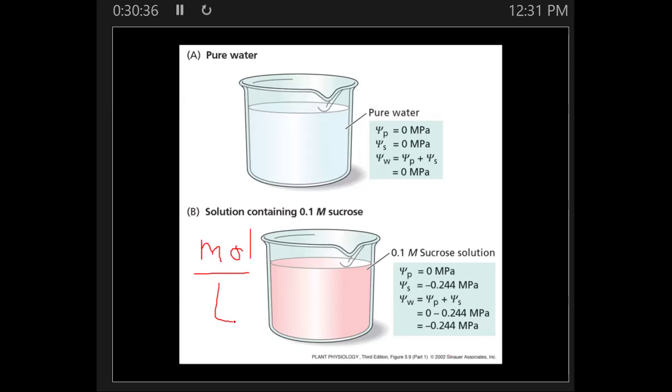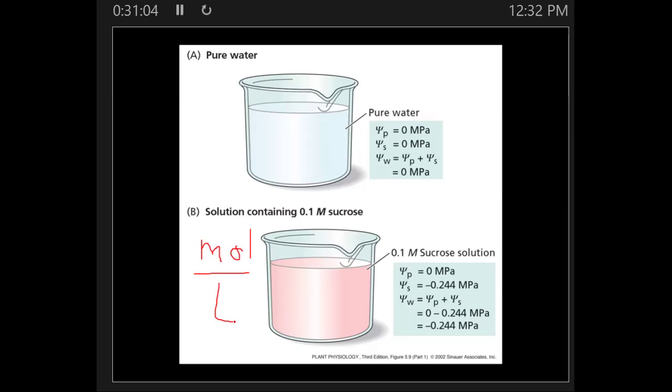This is open to air, not closed off by any kind of membrane. It's open to atmospheric pressure, so your pressure is 0. But someone did the calculation and said a 0.1 molar solution gives you a ψS value of negative 0.244 megapascals.